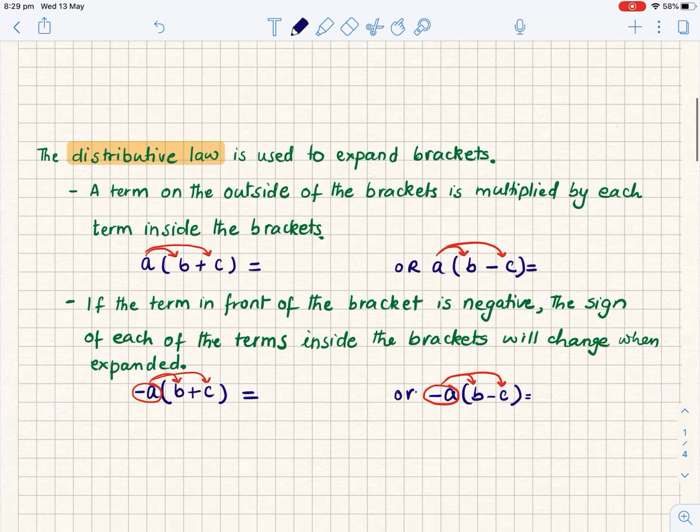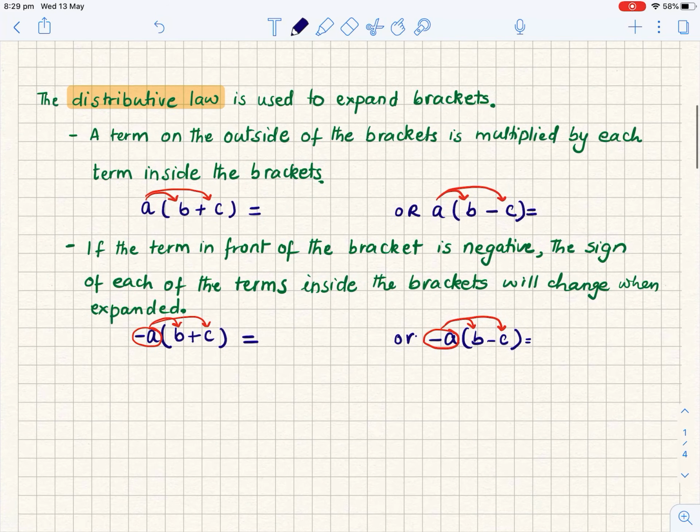We use a similar distributive law to expand brackets. A term on the outside of the brackets is multiplied by each term inside the brackets.